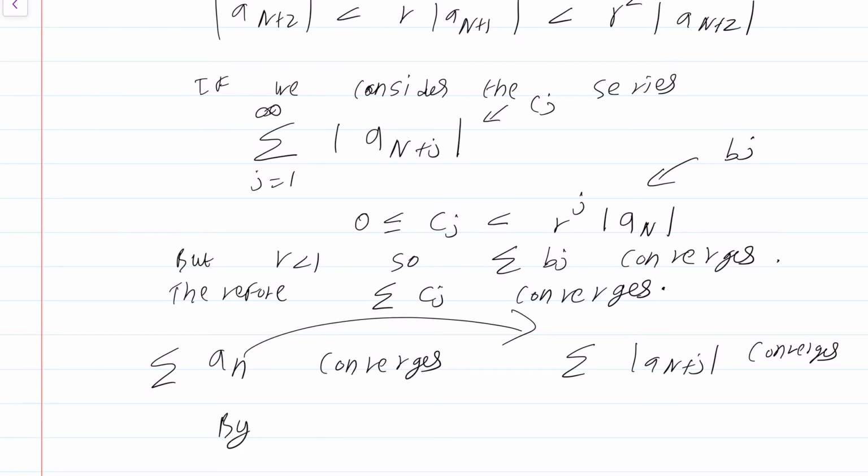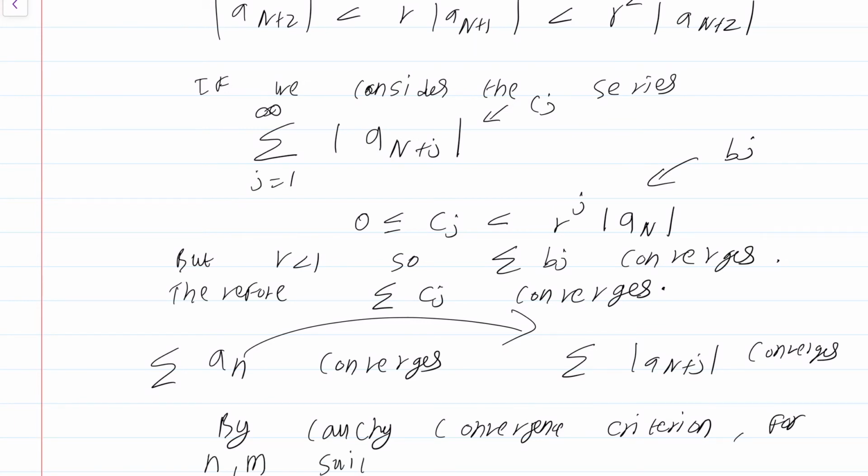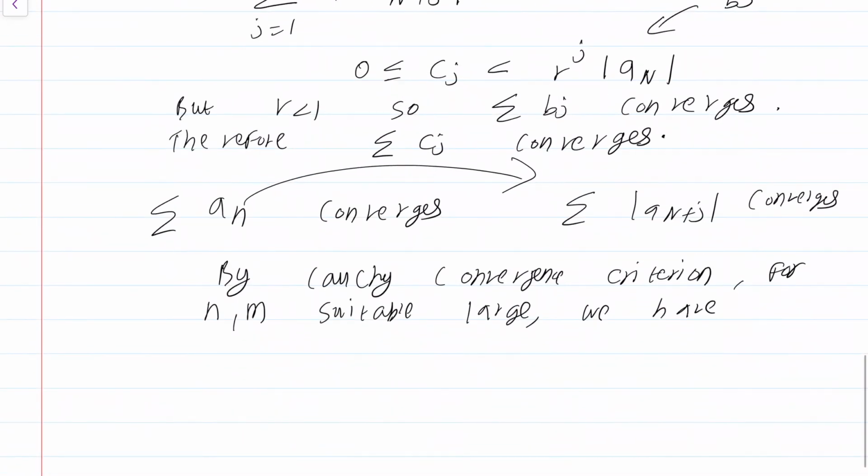By Cauchy convergence criterion, for n, m suitably large, we have summation j equals m to n, with n greater than m, mod a n plus j is less than epsilon.